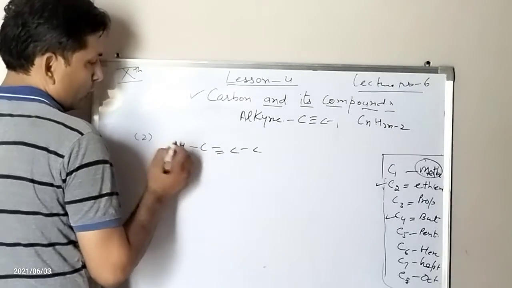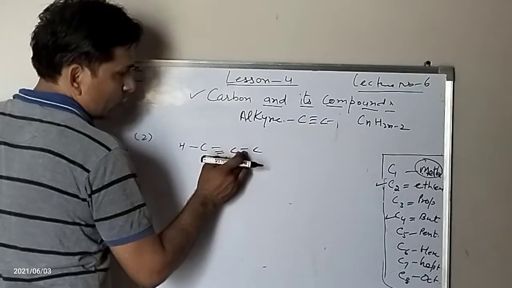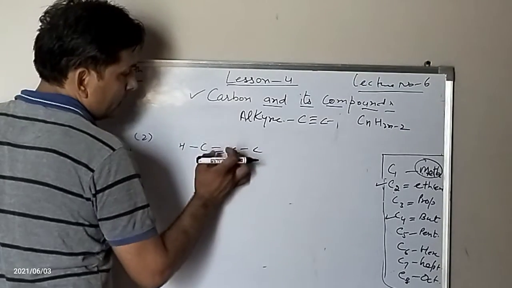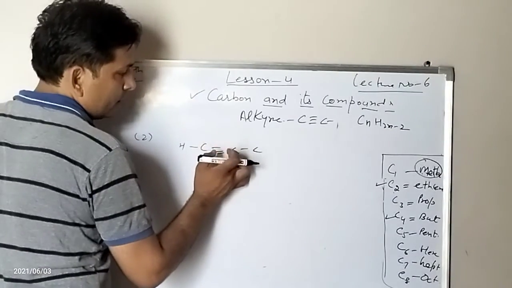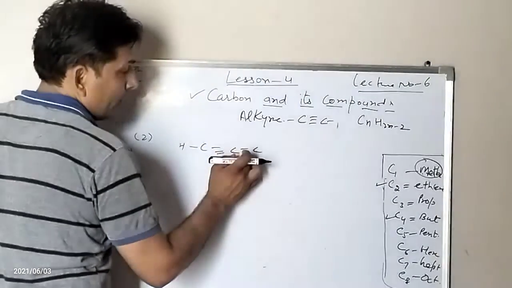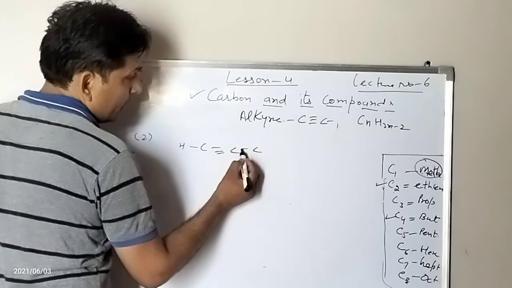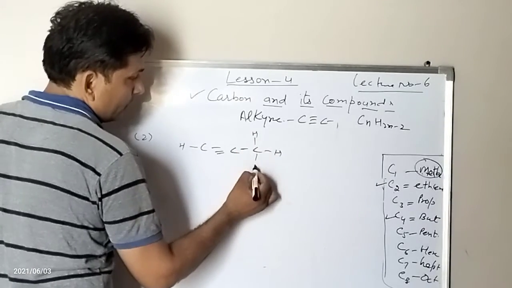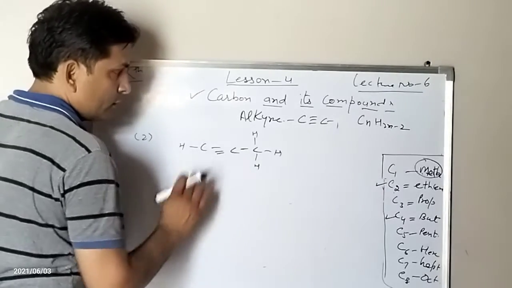It can make one more bond, that is with hydrogen. Here it is 3 plus 1, it is already bonded with 4 others. It has already shared 4 electrons with other atoms. Therefore, no hydrogen will be there. When we come to this, it has made only one bond. It can make 3 other bonds with hydrogen. Now, this is a structural formula.